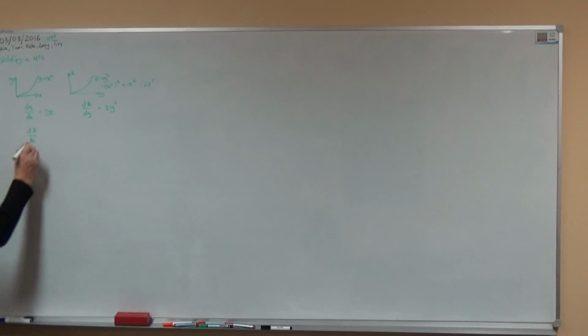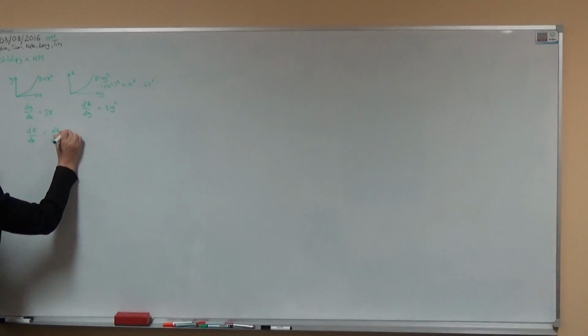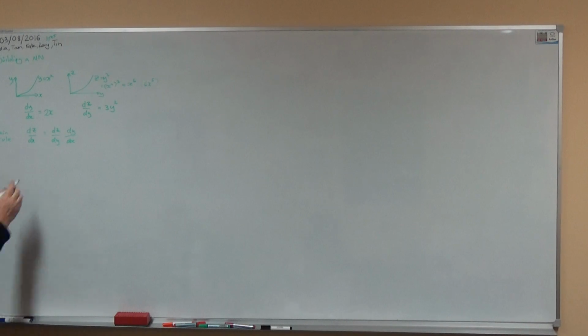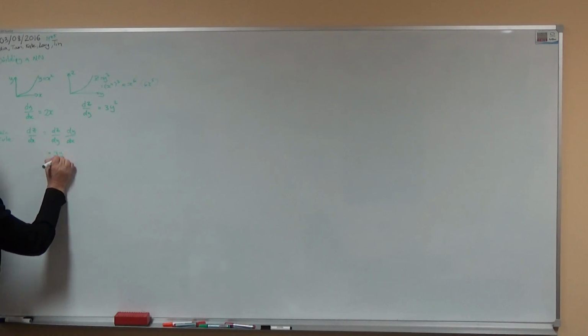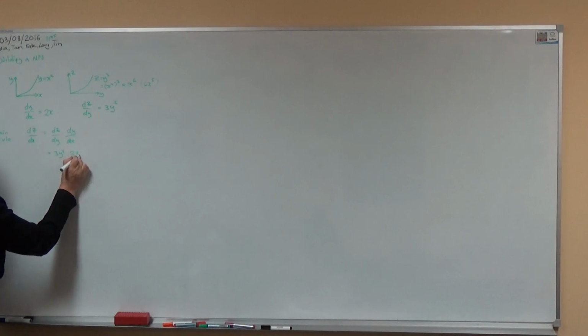But look, dz/dx is dz/dy times dy/dx, what's called the chain rule. dz/dy is 3y squared. dy/dx is times 2x.